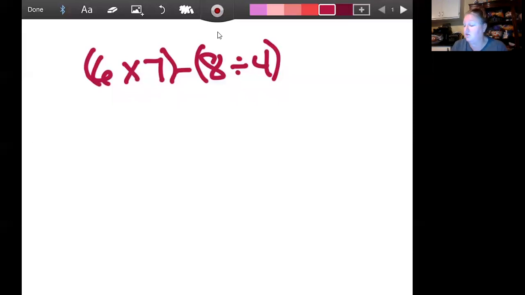That way we know to do it first. So now we know to do 6 times 7, which is 42. We keep the subtraction symbol. Then we do 8 divided by 4, which is 2. Now we can work with our subtraction symbol. 42 minus 2 is 40.